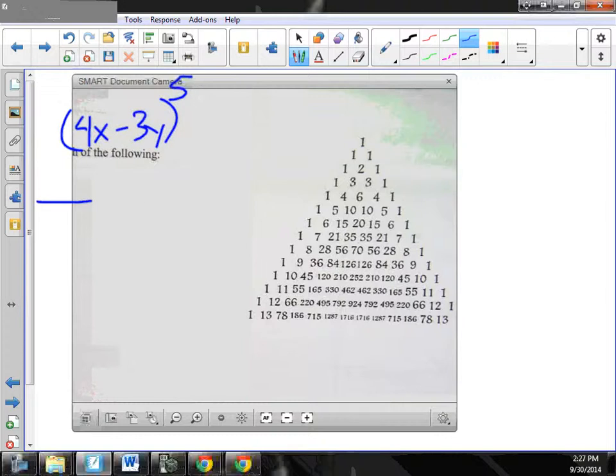So I have 6 spaces. I'm going to put the coefficients in place. We're practicing. So, this is an x to the fifth, so I go to row 5.